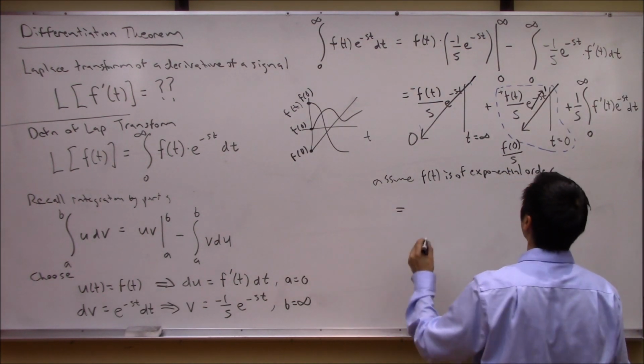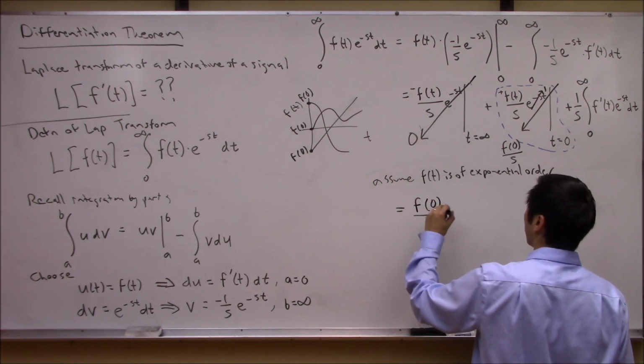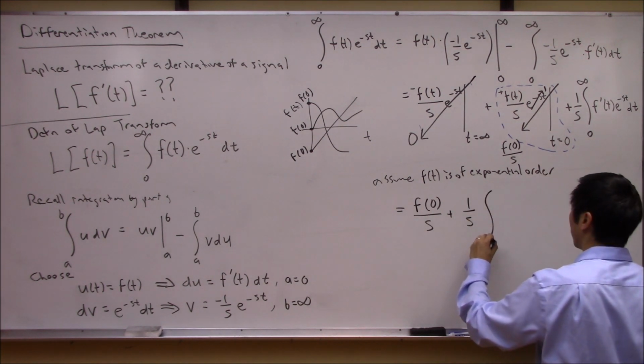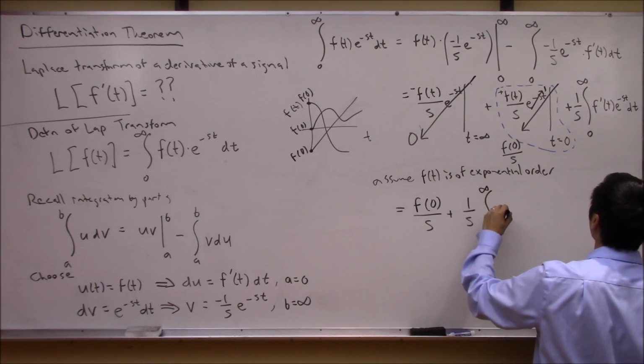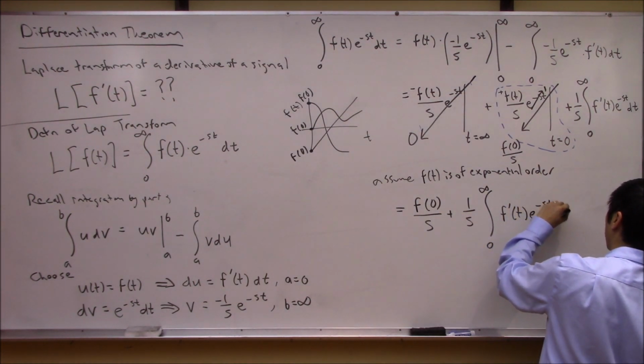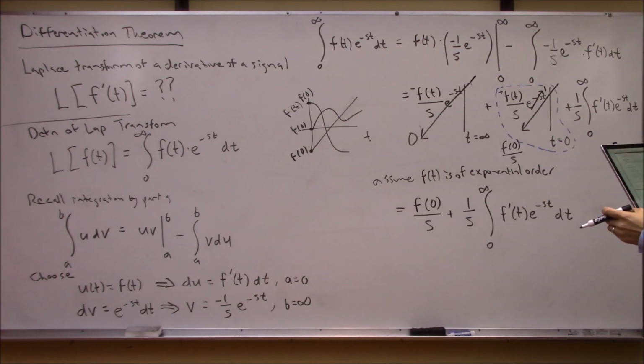So we end up with this thing becomes f of 0 over s plus 1 over s, integral 0 to infinity of f prime of t e to the minus st dt. Okay? Great.